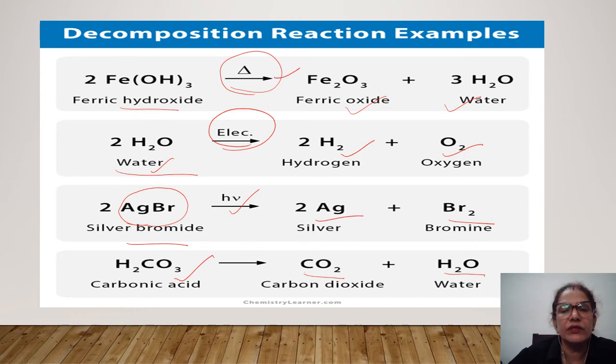Now here we have seen three conditions in which this decomposition can take place. Decomposition reactions can be of three types: thermal decomposition, electrolytic decomposition, or photolytic decomposition. We will do this now. What are the three types of decomposition reactions?